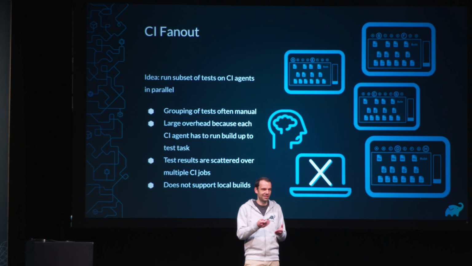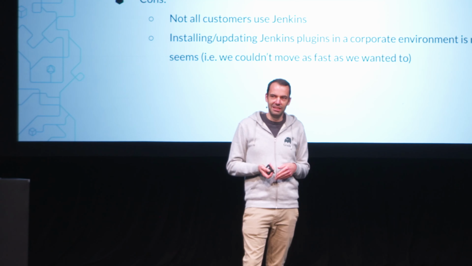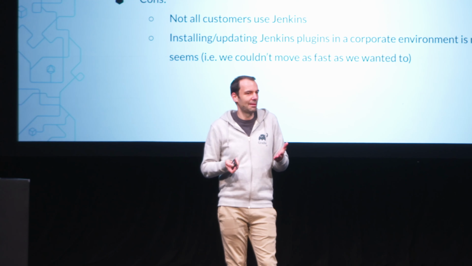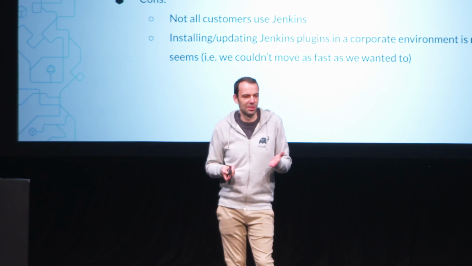However, as it turned out, of course, not all customers use Jenkins. And betting on one CI server being the future is always questionable. And even those customers that use Jenkins, after we had talked to them, we learned it's not as simple as we thought.